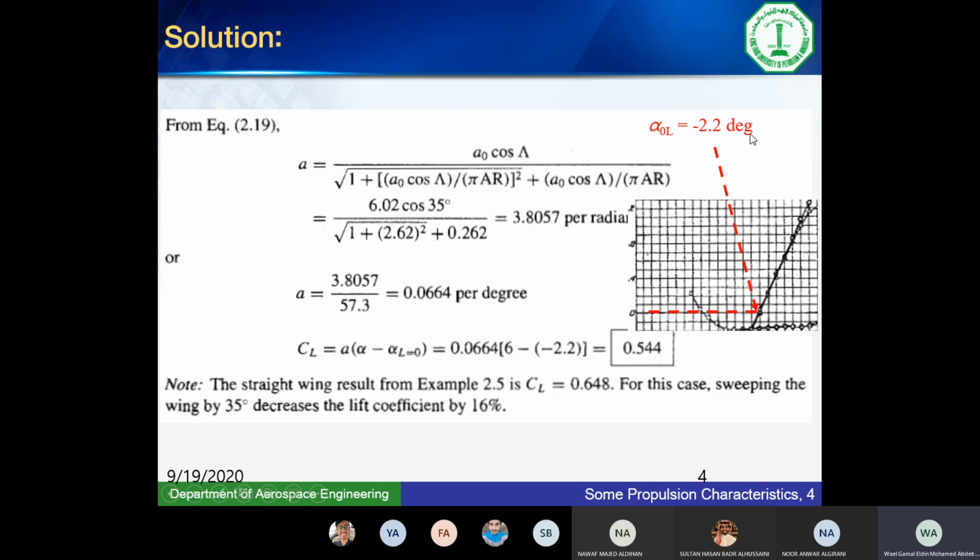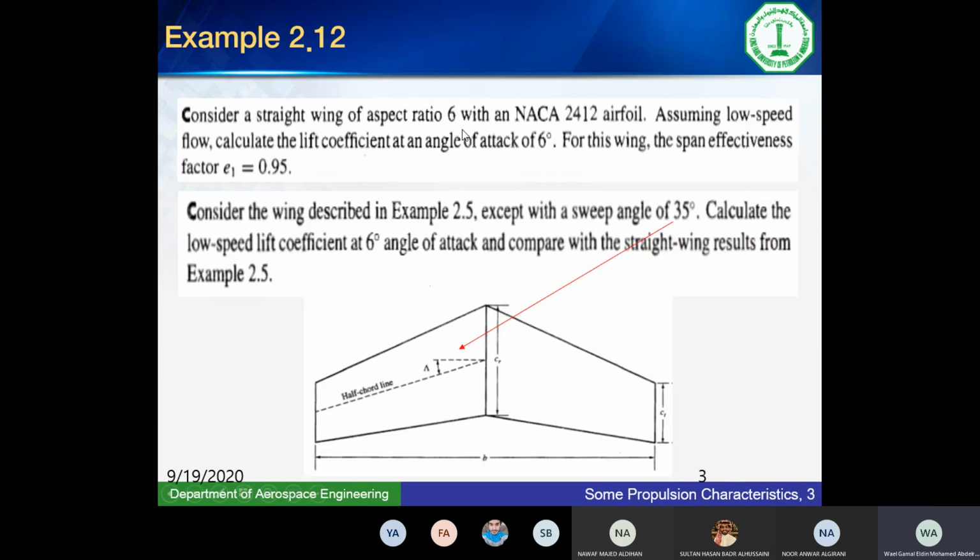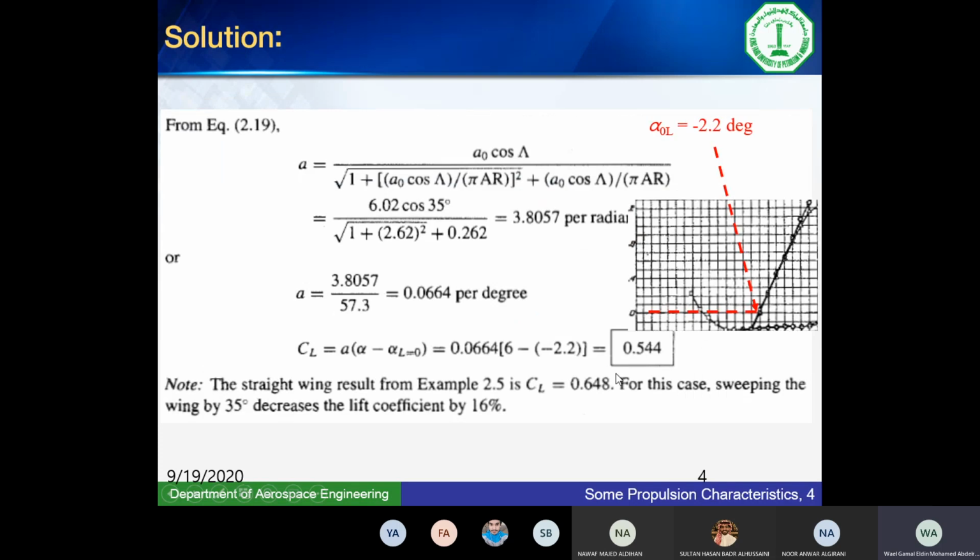If I go on the 2D section at 6 degrees, this is 0, this is minus 2.2, this is 0, 2, 4, 6. If you commit to 6 and you read the CL, it will be 0.95. 0.95 is the lift coefficient for the 2D section. When the 2D section was formed into a finite wing that is straight, that's the first problem, the lift instead of 0.85 became 0.65.